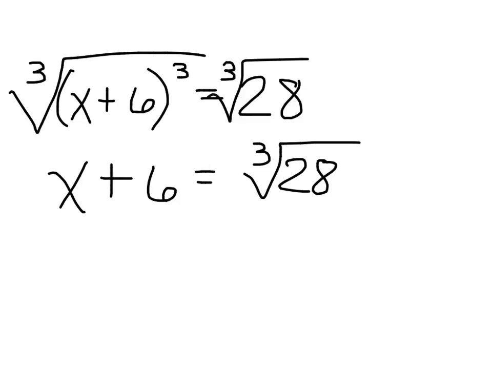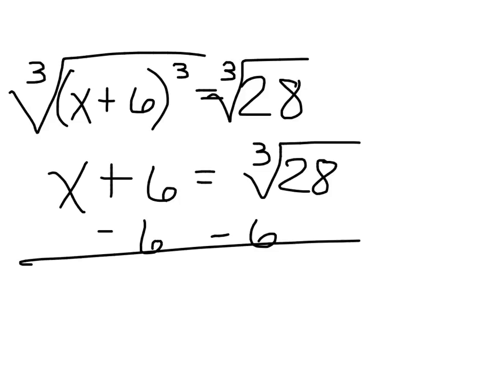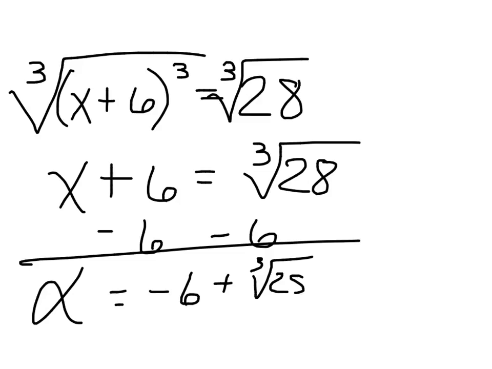Now from here, how do you solve for x? Minus 6. Now, when you type that in, you can go negative 6 plus the 3rd root of 28, or you can go the cube root of 28 minus 6.